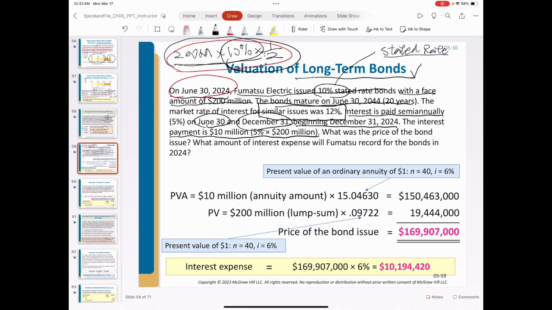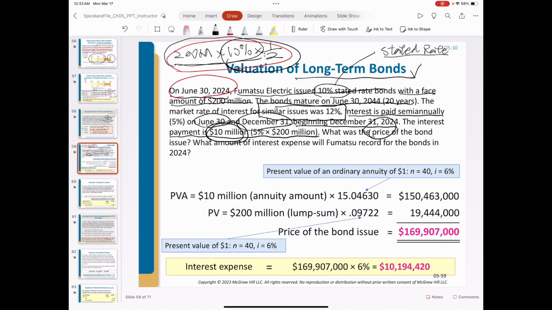In corporate finance, we calculate the present value of these cash flows to determine the price or value of this bond. There are 2 cash flows. One is the $10 million periodic interest payments. This is an annuity: 20 years, every half year, so 40 payments.